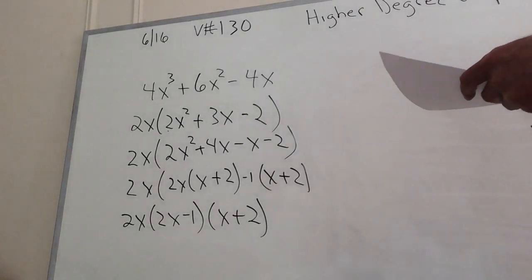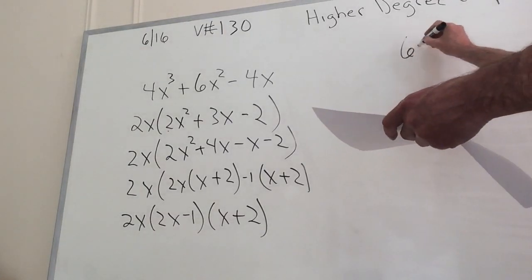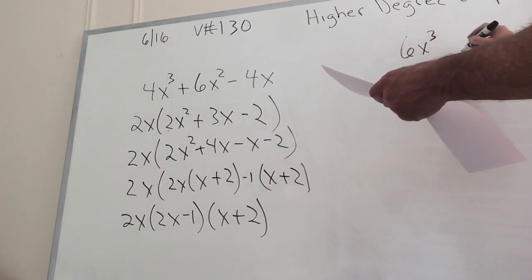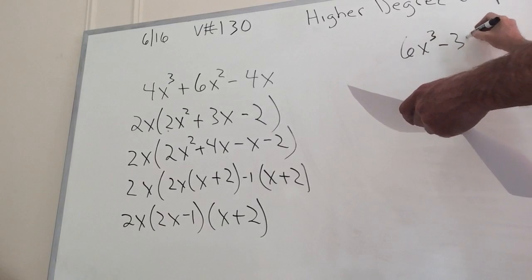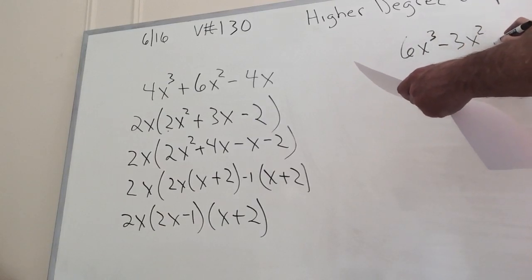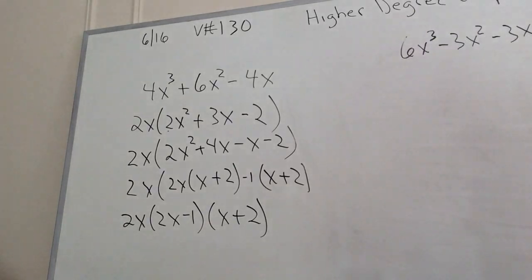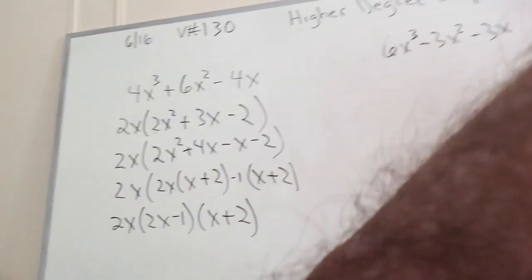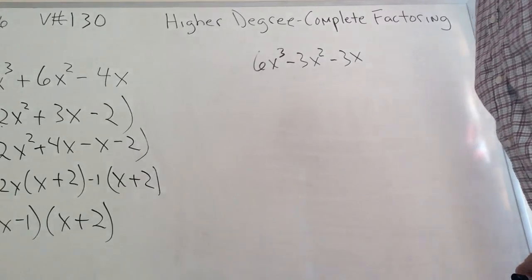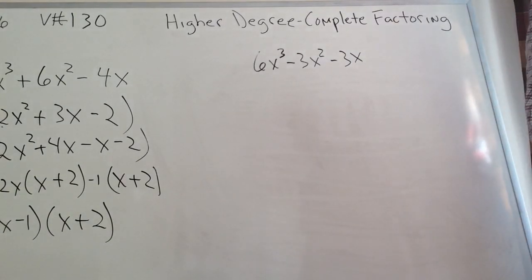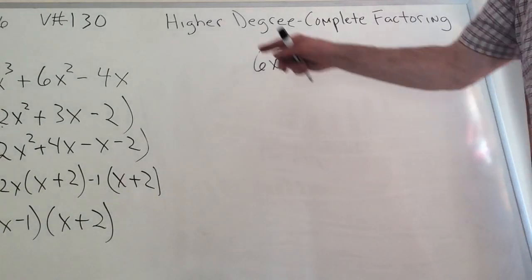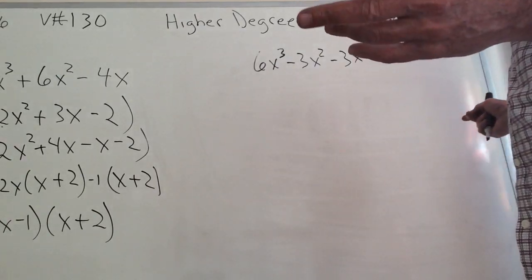And this turns out to be 6x cubed minus 3x squared minus 3x. Okay, so it's really the same game, but it really helps to get practice. Like I said, we all agree to that. And again, once you understand the first example, you see the same thing.